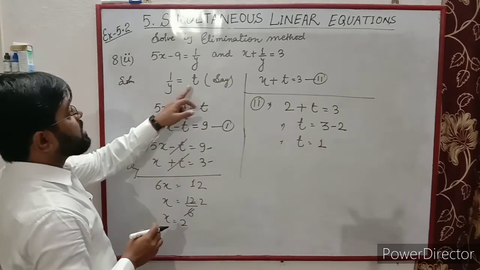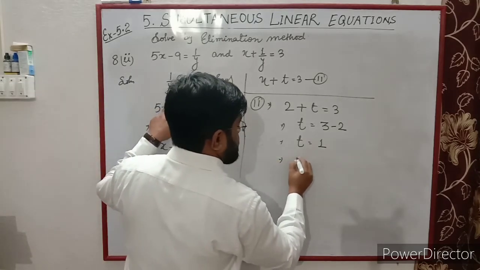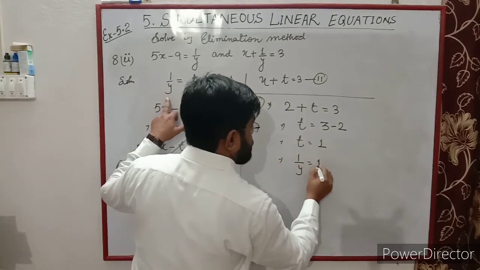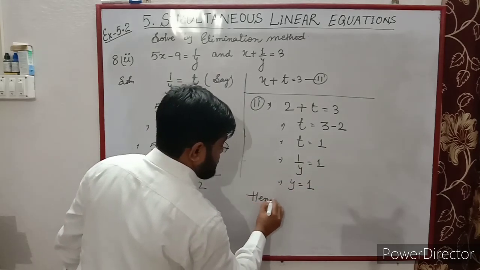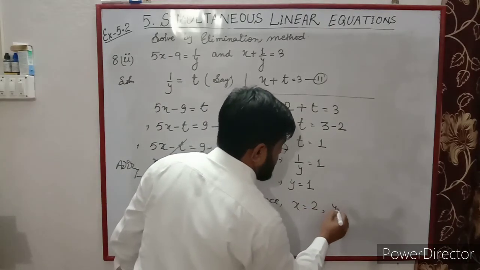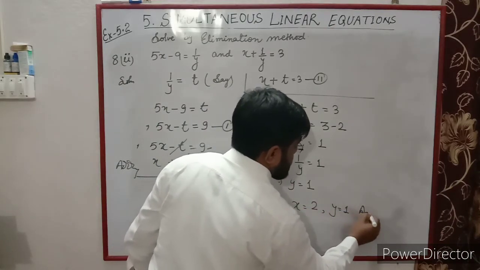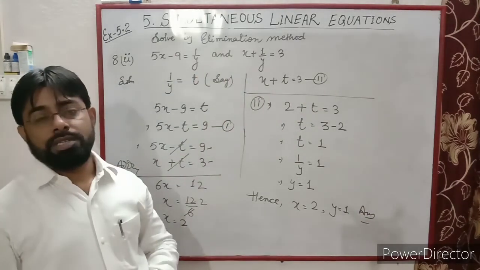Now we assume here t is equal to 1 by y. So t is replaced by 1 by y is equal to 1. So y is equal to 1. Hence x is equal to 2 and y is equal to 1 is a solution of the given simultaneous linear equations.